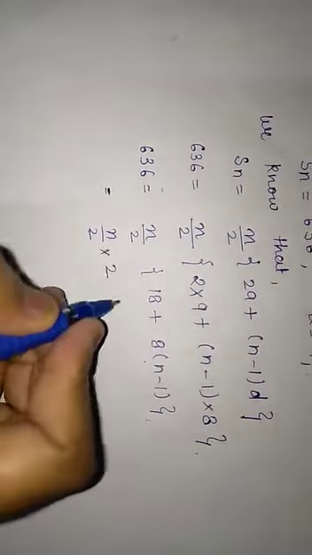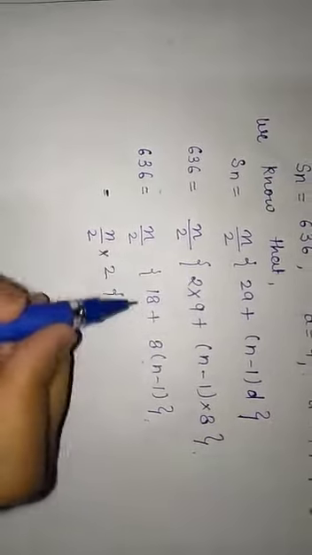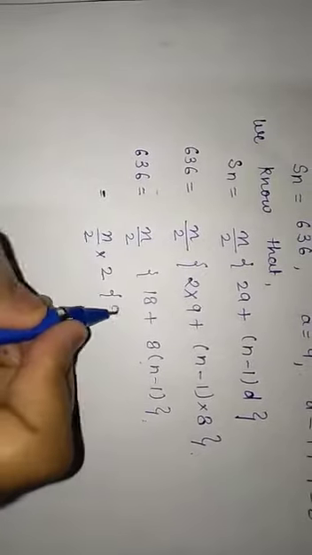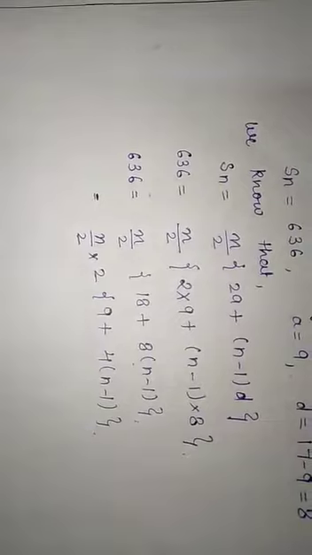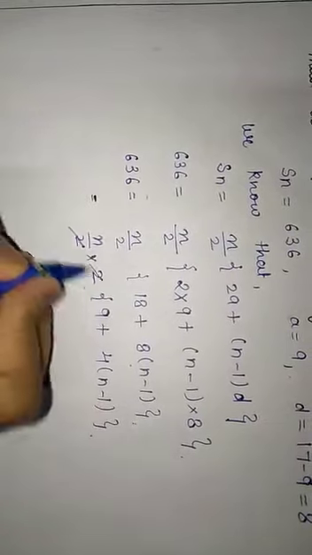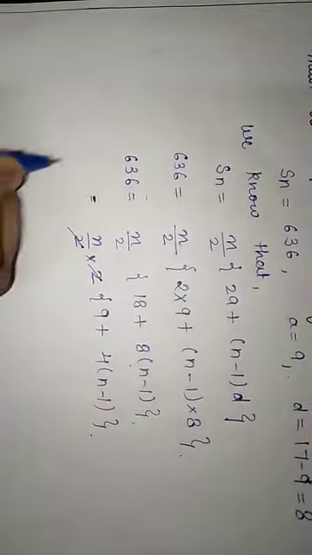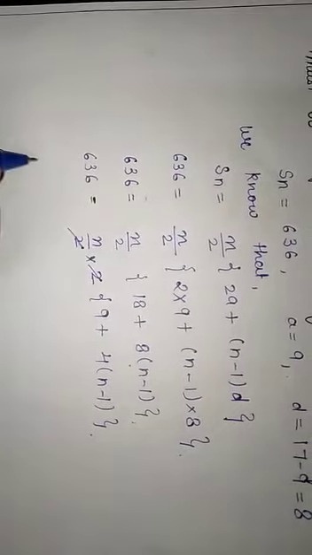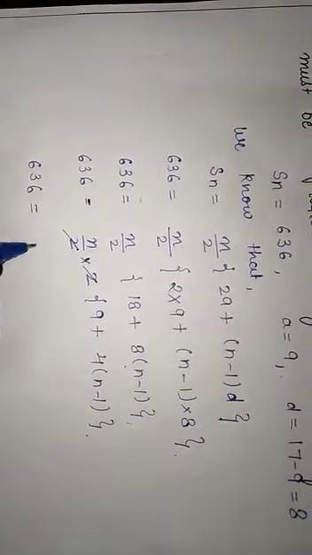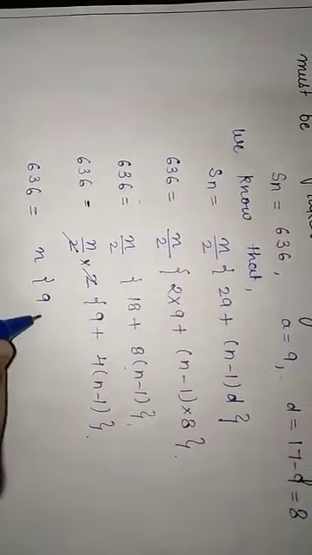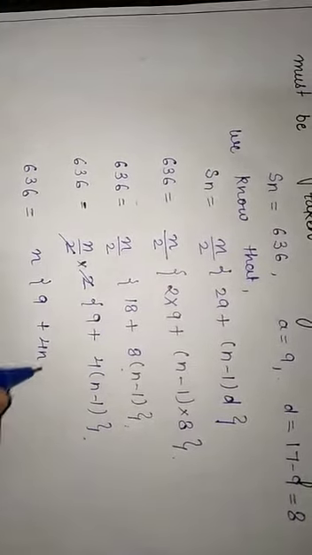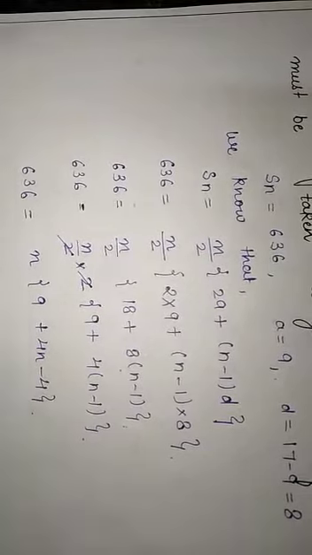So now we have 9 plus 4(n minus 1). So this 2 is eliminated and we get 636 is equal to n into 9 plus 4n minus 4.